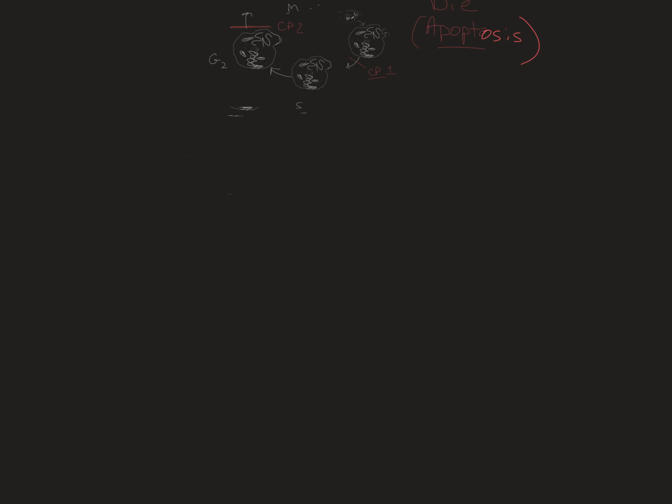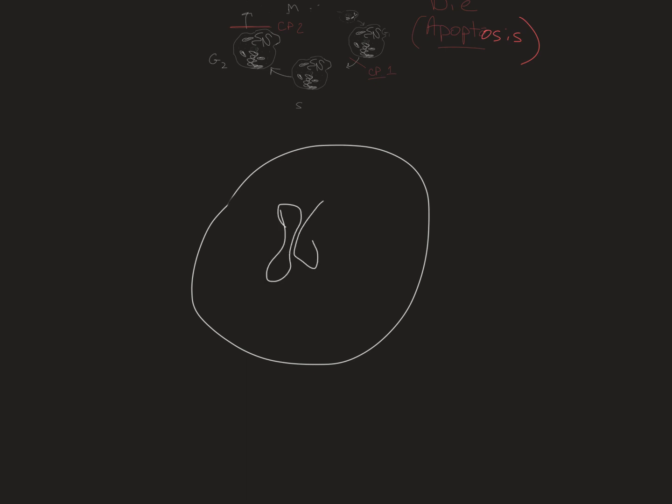So let's take a look at what happens in meiosis. In meiosis 1, instead of lining up as in mitosis, during prophase, first of all, I should say, in meiosis 1, you have what's called a tetrad forming.